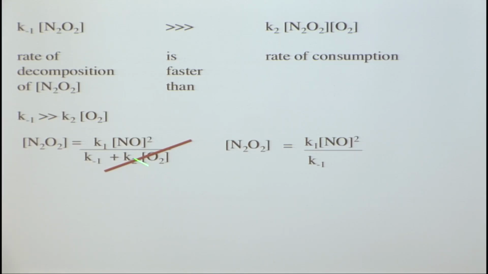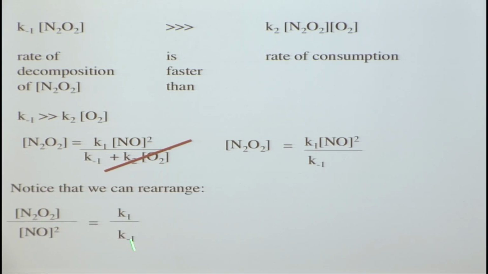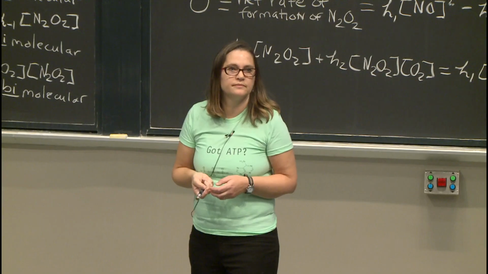And now we can rearrange this equation, bringing the concentrations to one side and our rate constants to the other side. So we have our intermediate N2O2 over NO squared equals rate constant K1 over K minus 1. What does rate constant K1 over rate constant K minus 1 equal?